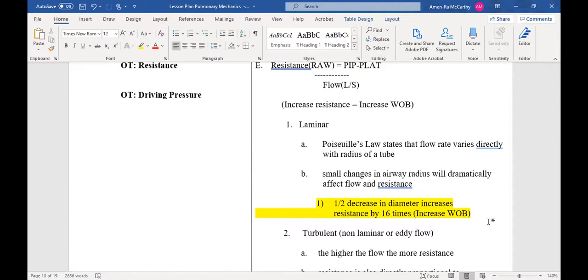It'll be everywhere. If you decrease the diameter by 1/2, then you will increase the resistance by 16 times.